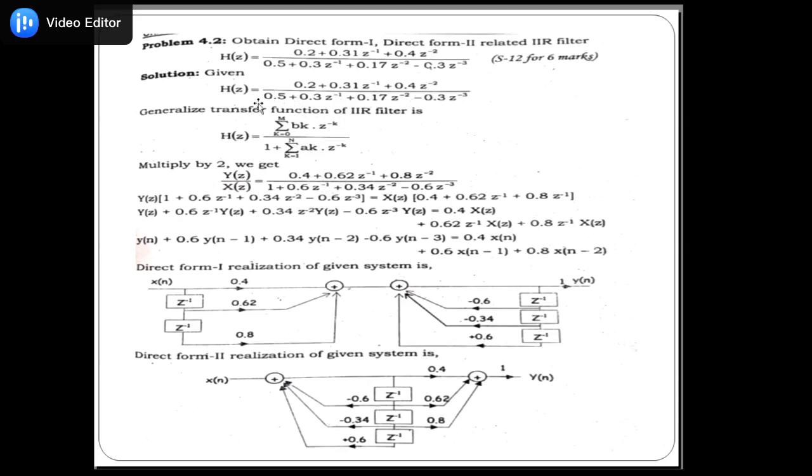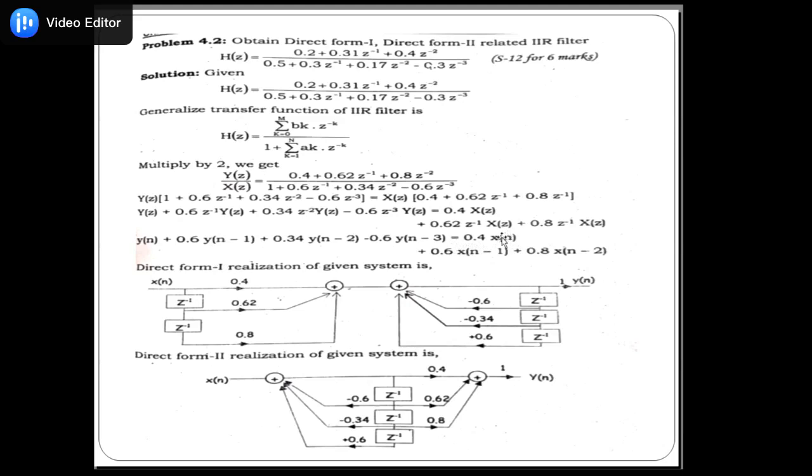That's why you divide this equation by 2 multiplied by 2 to get this equation, right? Then you generate this y of z, means will be the denominator multiply and x of z will be numerator. Then that will generate this equation and you have to draw the structure with respect to this.